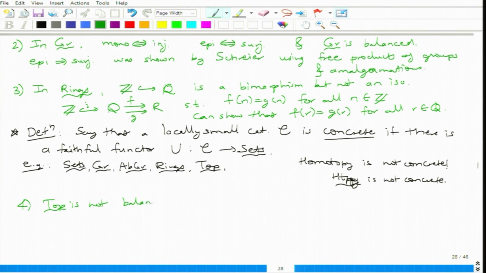If that happens, then it is not balanced. So give me one example. When you are saying it's not balanced, give me an example. Zero, R equals x cubed, R to R. Which continuous function, R to R? x to x cubed.